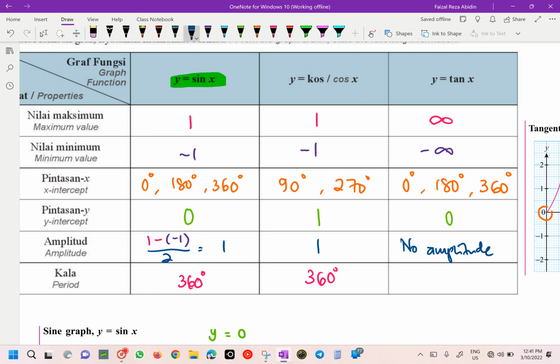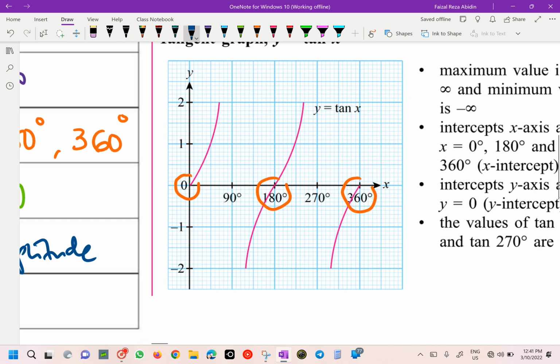Okay, how about our period? This one, is it 360? If you look at the graph, this one until here, one cycle, isn't it? Now, it's going to be repeated from here. So is that 2 periods?